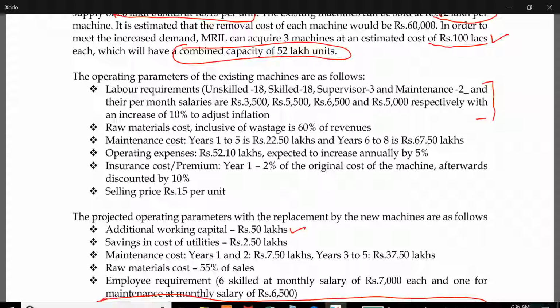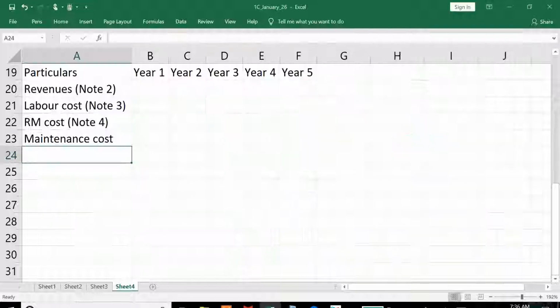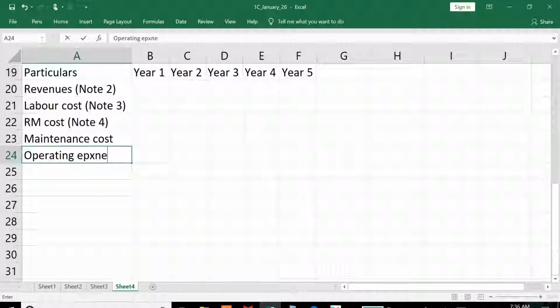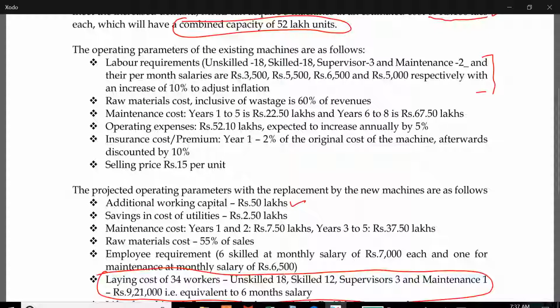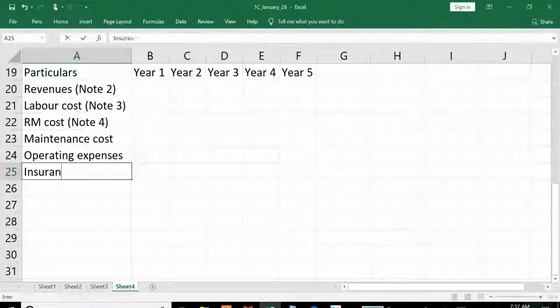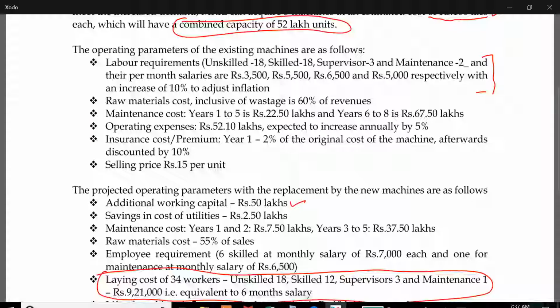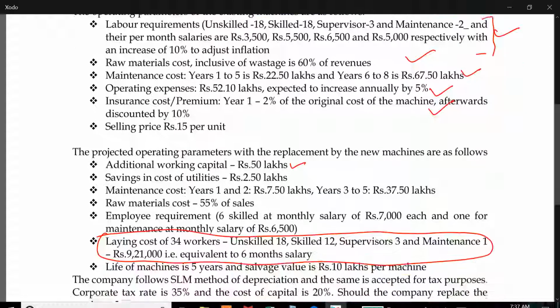Then we have maintenance cost. This I don't need a working note for, I can do it directly. Then we have operating expenses. If I need a working note, we'll capture it in some time. Then we have insurance cost. So I've captured labor, raw material, maintenance, operating, insurance.